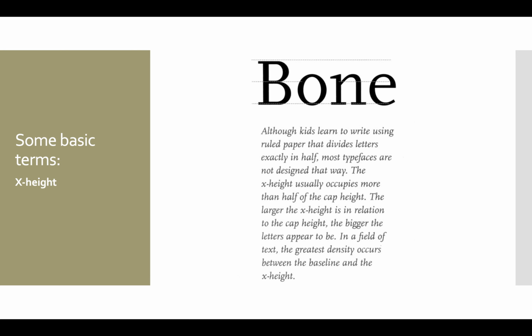If you were to take the capital B here, from the baseline at the bottom of the B to the top of the cap height, if you did half of that, it actually would cut off a big portion of those letters. So we are more used to reading things where the X height is closer to the cap height than it is to the middle.